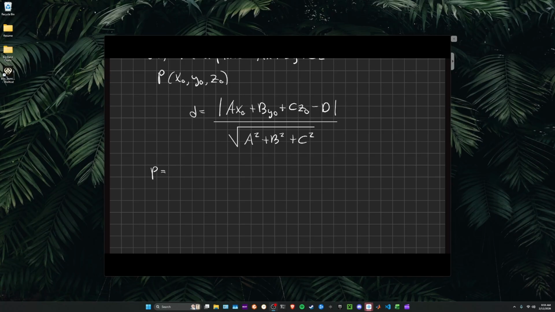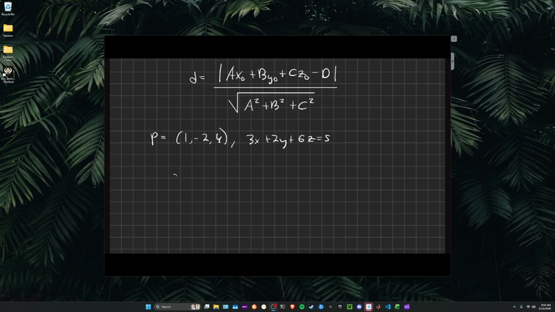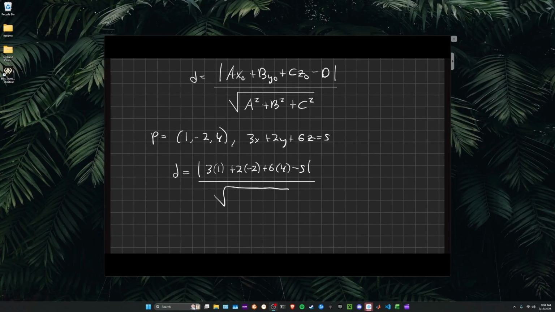Okay, so 71 gives us some values to use. We're given a point 1, negative 2, 4, and a plane given by 3x plus 2y plus 6z equals 5. So we'll just plug into our formula. This would be 3 times 1 plus 2 times negative 2 plus 6 times 4 minus 5, all over the square root of 3 squared plus 2 squared plus 6 squared.